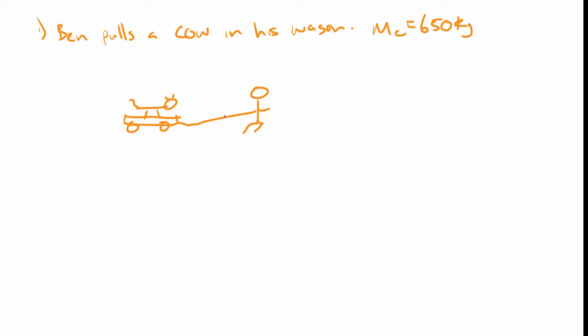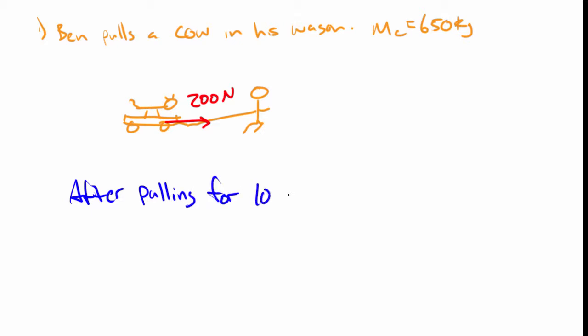So he's applying a force. I'm just going to draw it sort of on the cow. 200 newtons to get that cow to move. So I'm going to ask this question. We're going to use all sorts of colors today. After pulling for 10 meters, I want to know how fast is the wagon moving?